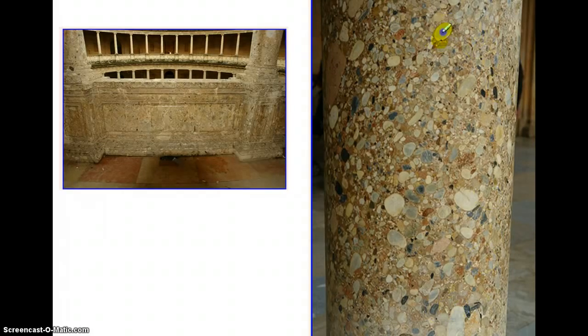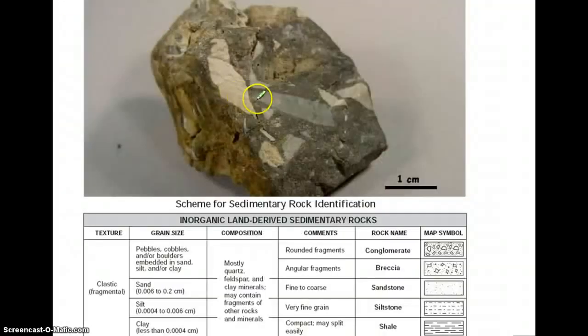And again, you can see the clasts, you can see these large rounded grains. Now, if there are large pieces that are not rounded, but are sharp and angular with jagged edges, then that rock is called a breccia.